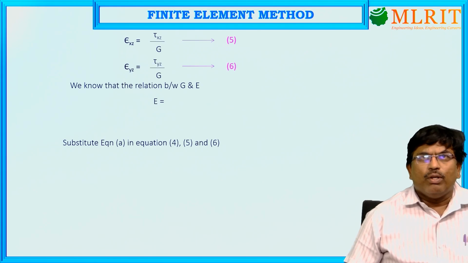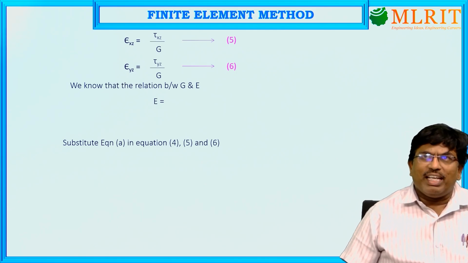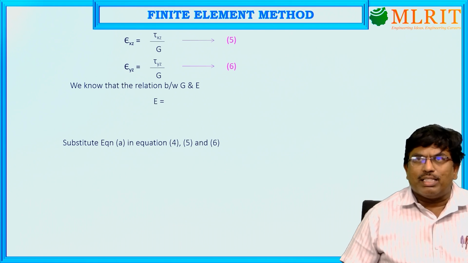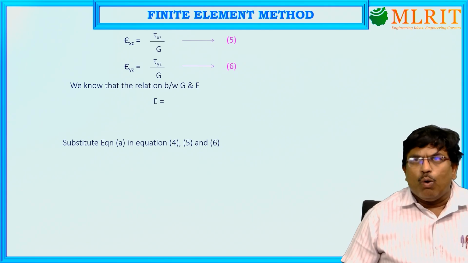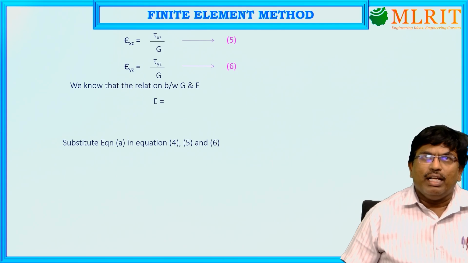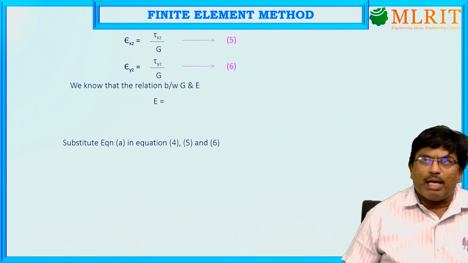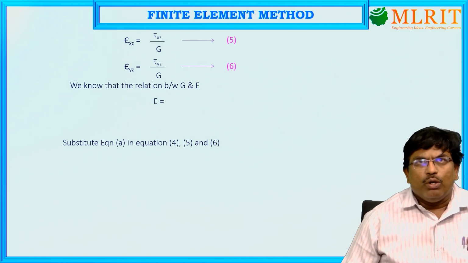In this, we have to replace G with the Young's modulus. Why? Because experimentally we can find the Young's modulus of all materials, and if we require G, we have to find it from the relation between G and E. All data books contain the Young's modulus of materials, so we have to ensure that all equations are in terms of Young's modulus.